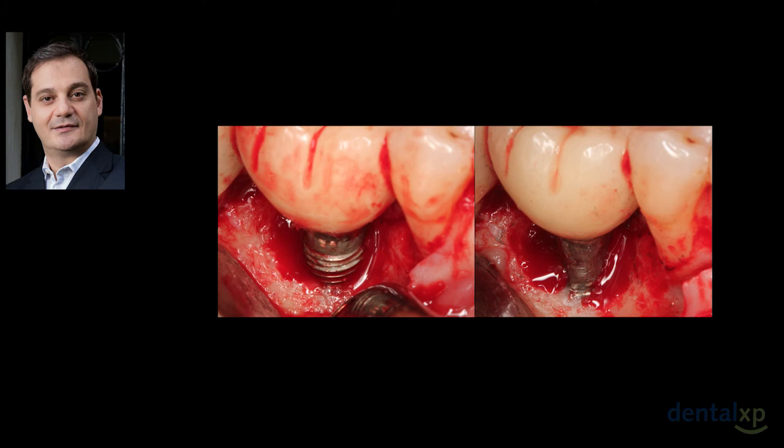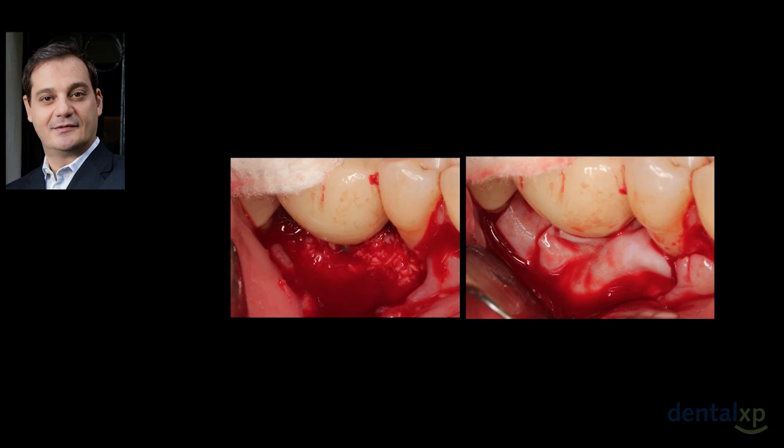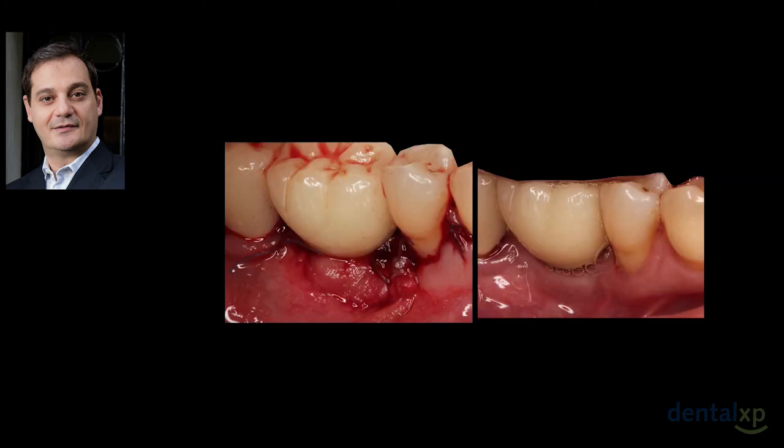And the defect here was circumferential. Basically, we had a wall on the lingual, wall on mesial, wall on the distal, and those were grafted with allograft, and we used here a resorbable pericardium membrane, and I achieved a primary closure. And this is a 2 years follow-up on the right after treatment.